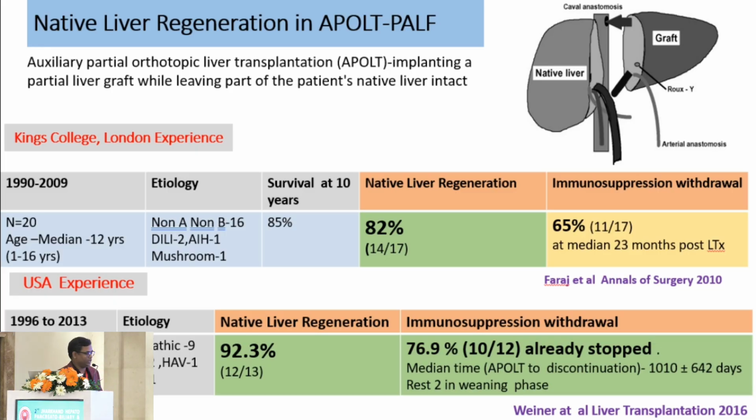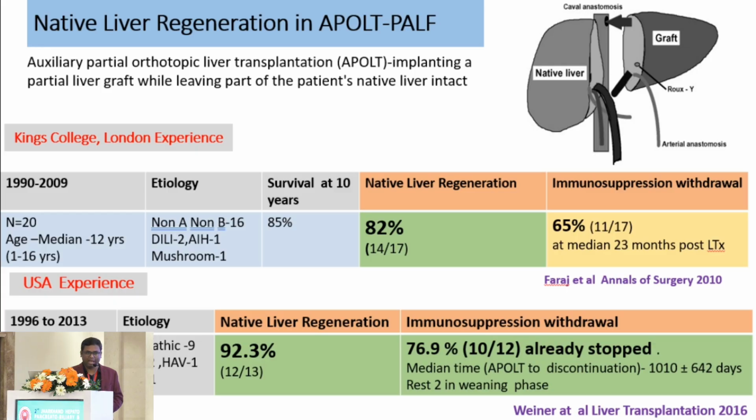These two studies, one from King's College and another from Philadelphia, showed that in 82% of the cases there was total native liver regeneration, and thereafter, whenever there was liver regeneration, they started withdrawing the immunosuppression, so that by that time the graft liver will be gone.